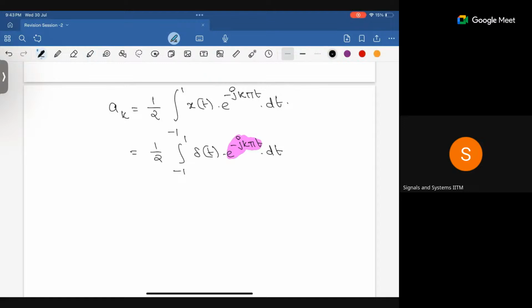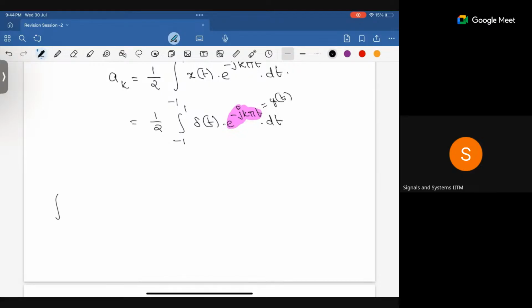If this is some y(t), what is the integral of δ(t) y(t) dt? Okay, Nanda says it's 1. What will this be? Tell me in terms of y. Yeah, at t equals 0 it samples, and this will be y(0).